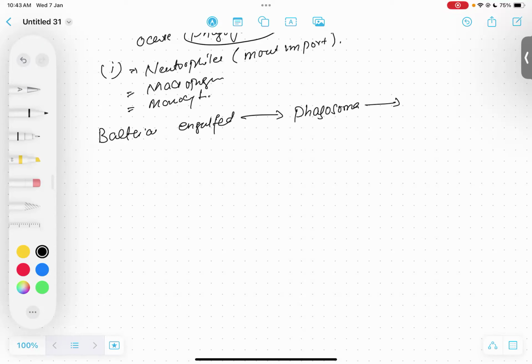Lysosome. Excellent, phagolysosome. This is called step 1.